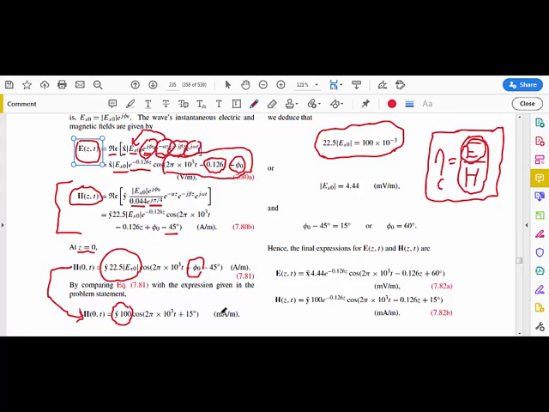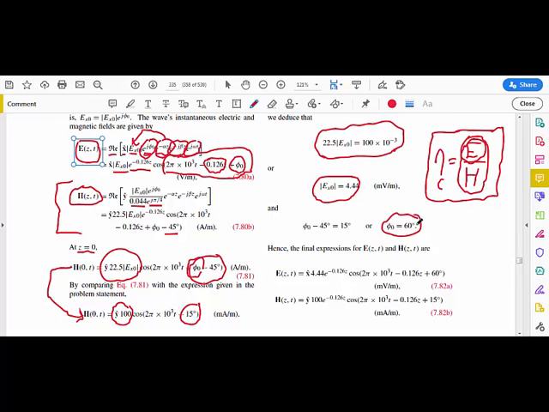The 100 milliampere needs to be converted to ampere, so we multiply by 10 to the minus 3. According to that, we get the maximum magnitude of the electric field equal to 4.44. And also we could equate the summation of these phases with the 15 degrees given here. According to that, the initial phase is 60 degrees.